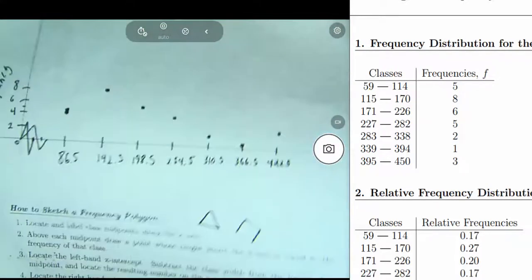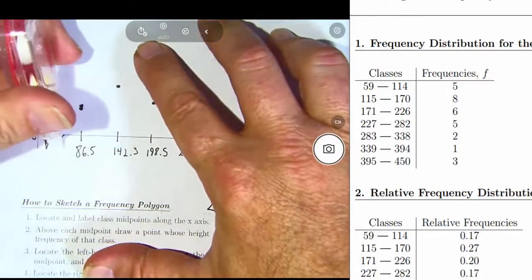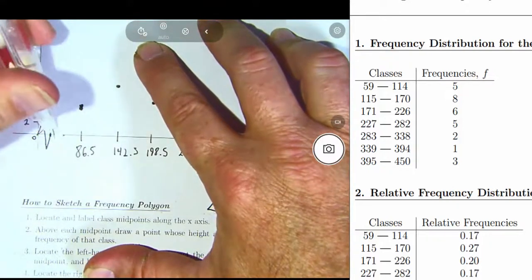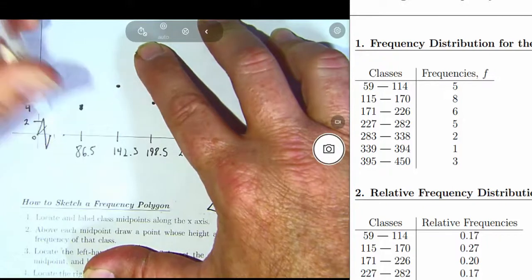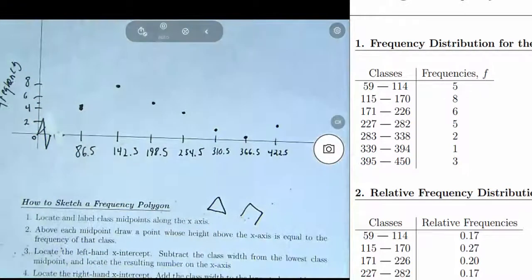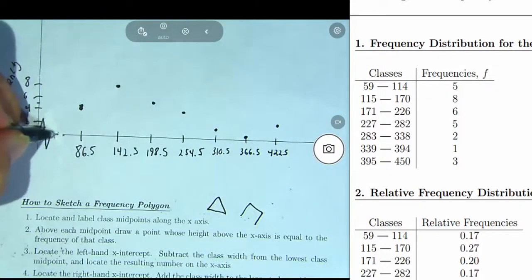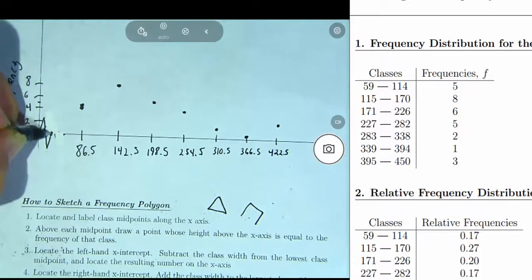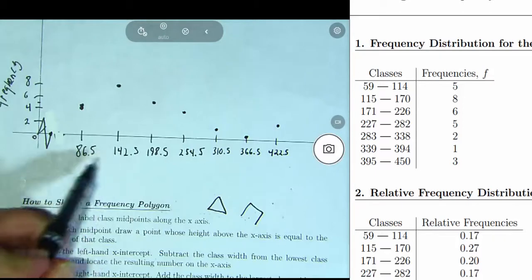Might need to get out the whiteout here, see if I can fix that. Okay, let me fix this. Okay, the left-hand intercept ought to be around the same distance away from 86.5 as the distance between 86.5 and 142.5.